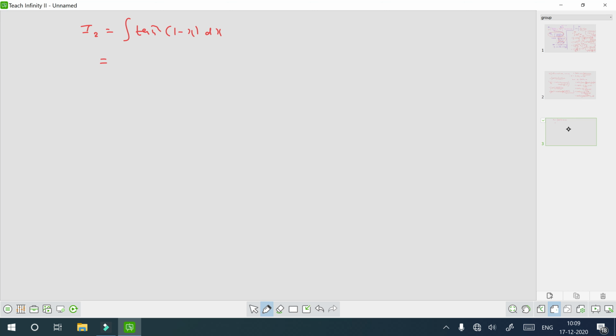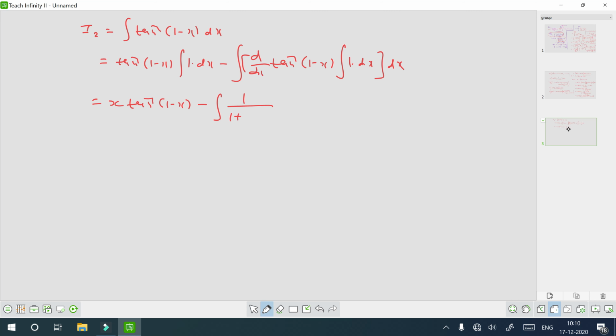See, tan inverse 1 minus x as it is, integral 1 dx minus integral of d by dx of tan inverse 1 minus x, integral 1 dx as it is, whole into dx. So that is equal to x tan inverse 1 minus x minus, what is the differentiation? 1 upon 1 plus 1 minus x whole square into minus 1 into x.